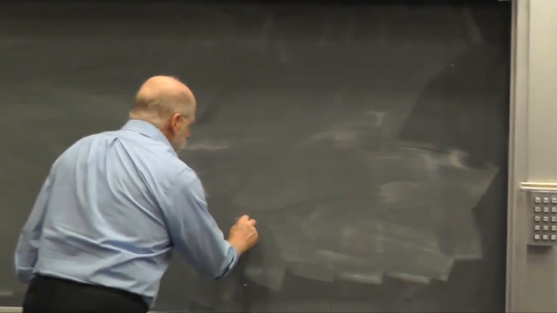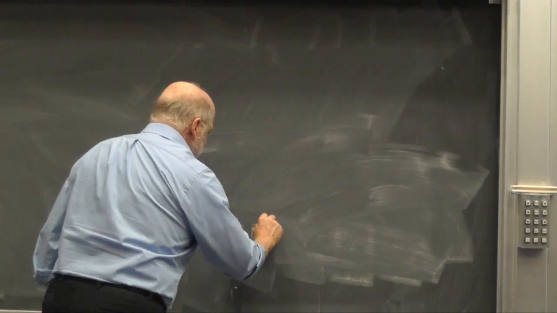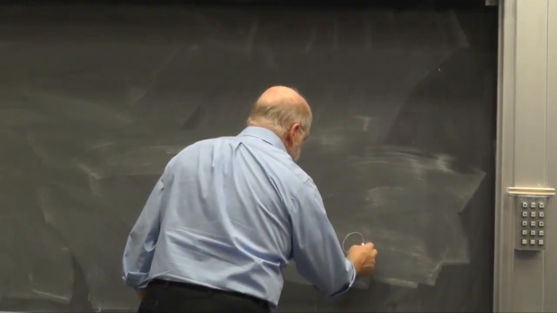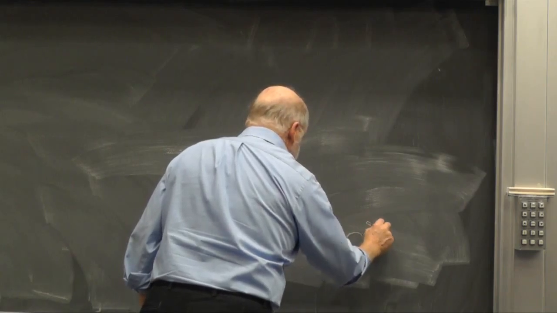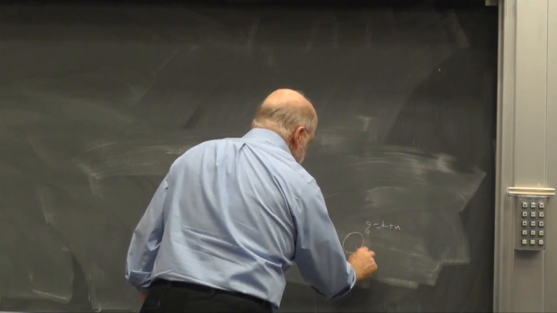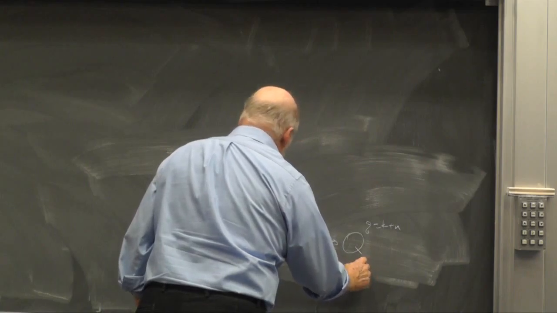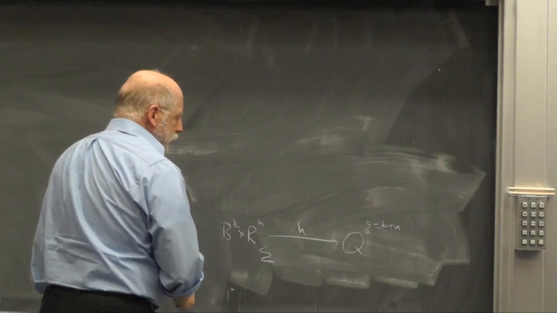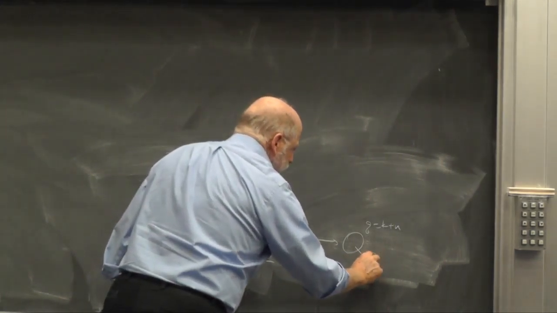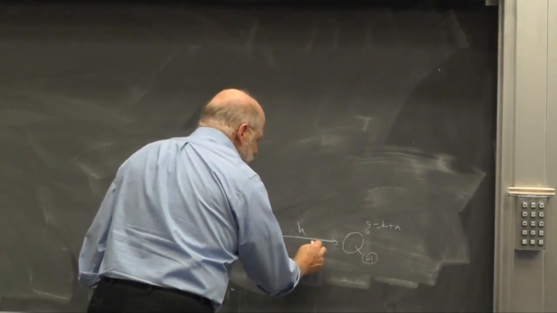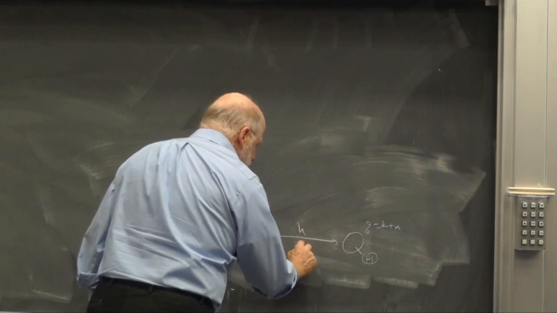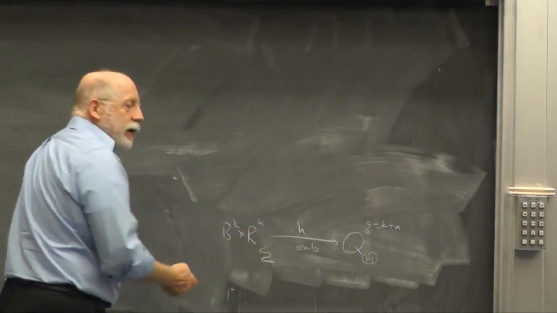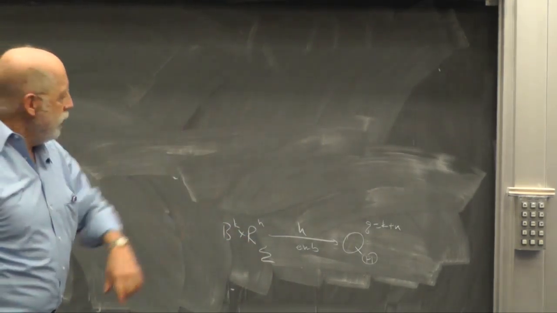We've got B^k cross R^n on the end. We have h going into some PL manifold Q of dimension k plus n. It had a PL structure, theta say, and h is this embedding. So we pull back that PL structure to sigma. That's where we start.